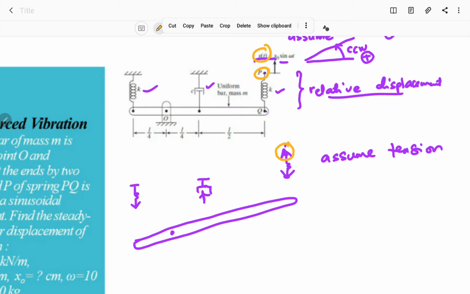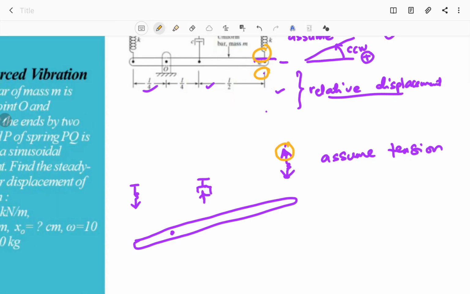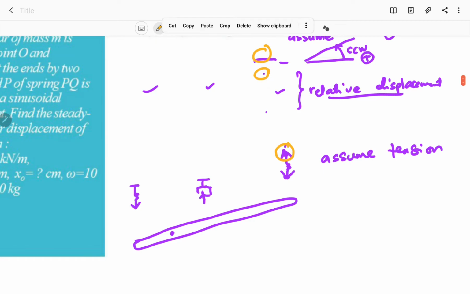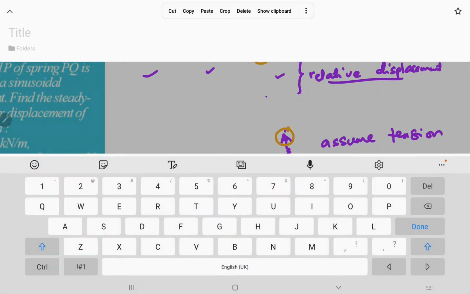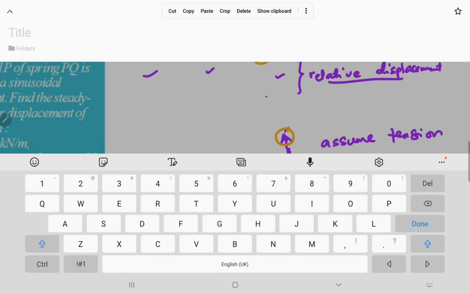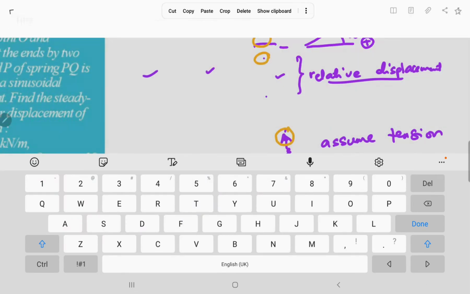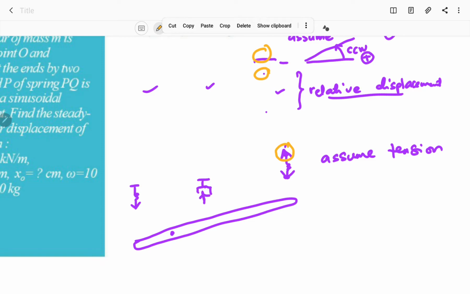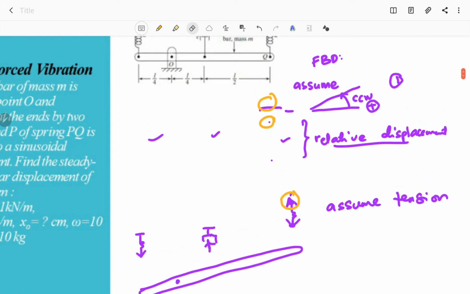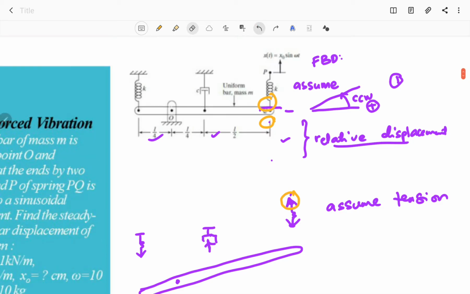If you look here, it's opposite, right? Because your x going up is positive.